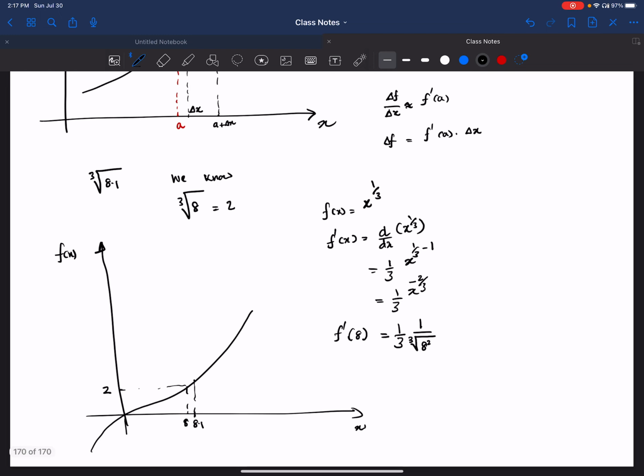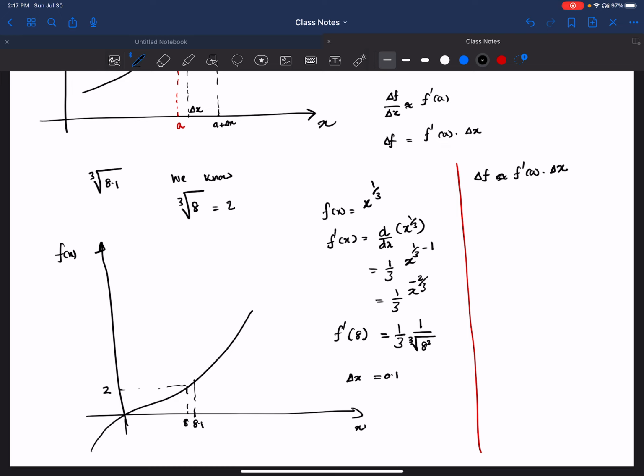So we can find, if we take delta x equal to 0.1, we can find delta f, roughly equal to f prime of a times delta x.